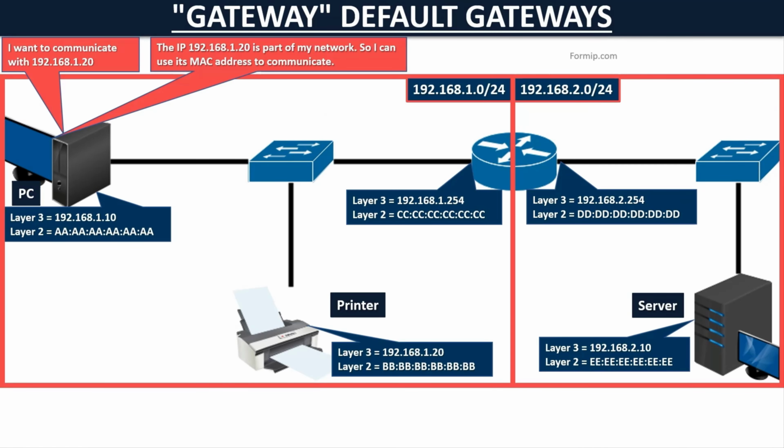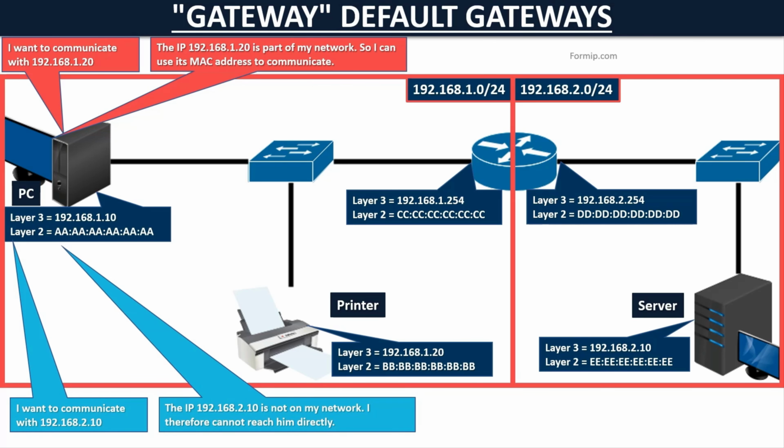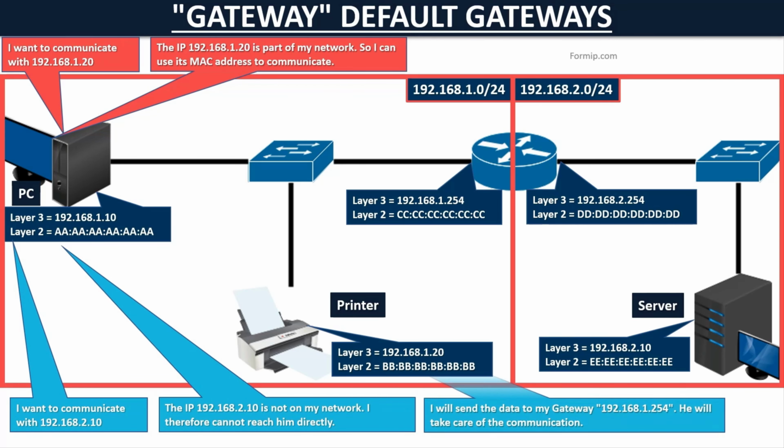The PC is able to communicate directly with the printer because they are on the same network. On the other hand, if the PC wants to communicate with the server, which is not part of the same network, then it will have to send the data to its default gateway, and the gateway will be responsible for transferring the data to the server. The default gateway is required to send a packet off the local network.